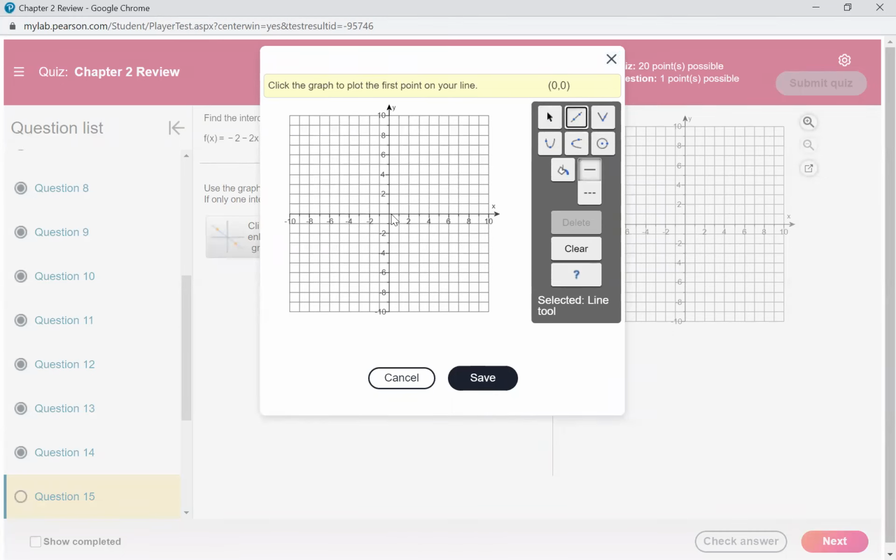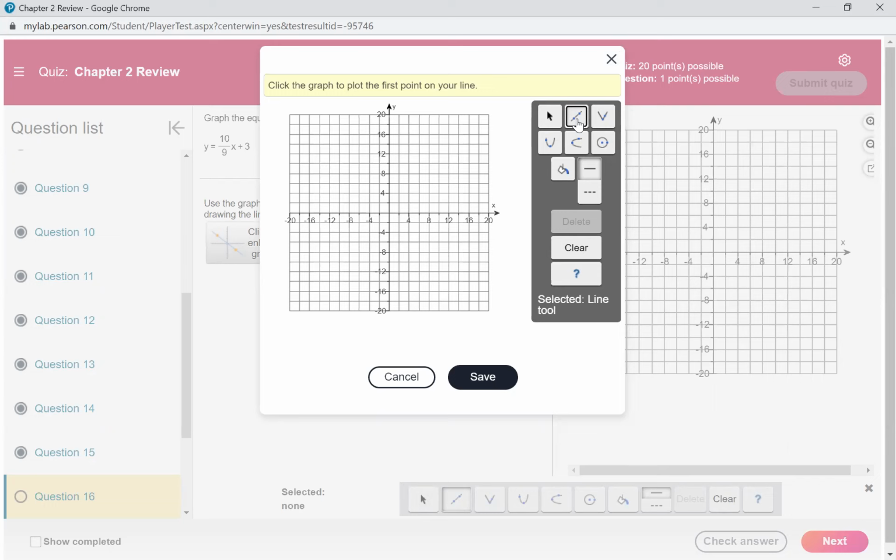So remember, when you graph using the slope intercept, we start at the y-intercept, which is that 3 at the end. So we're going to come over here to the y-axis. Now notice these are going by 2. So I got 1, 2, 3. So I'm at 0, 3, it's showing me. So I click that. So it's sort of in between the 2 lines, okay?